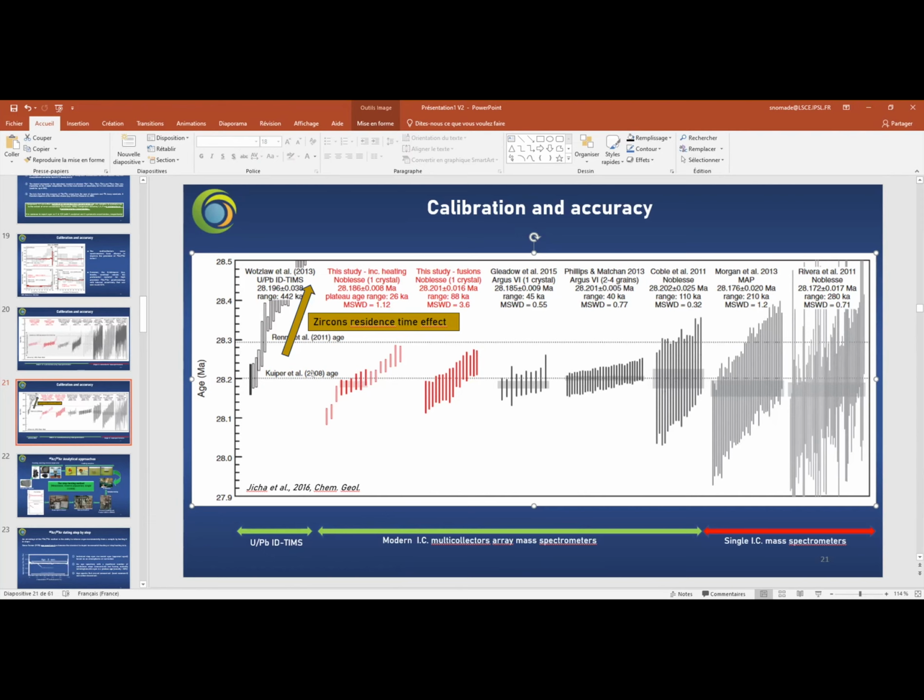If you use Kuiper et al, you need to use Min et al, and the Min et al decay constant may be wrong. So you show the correlation between two things, the Fish Canyon measurement of Kuiper et al and the constant of Min. Yes, but if you use the Renne et al constant, you have to use another age for Fish Canyon, and you find an older age. Okay.